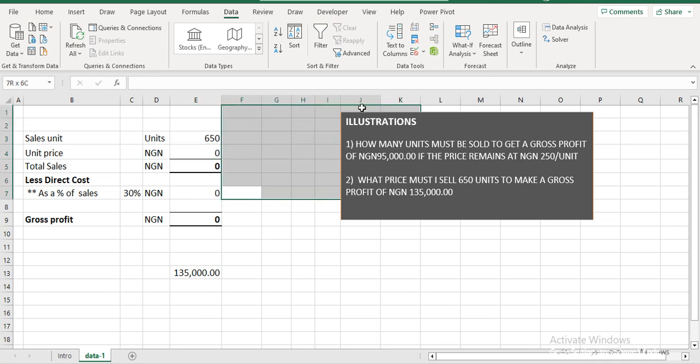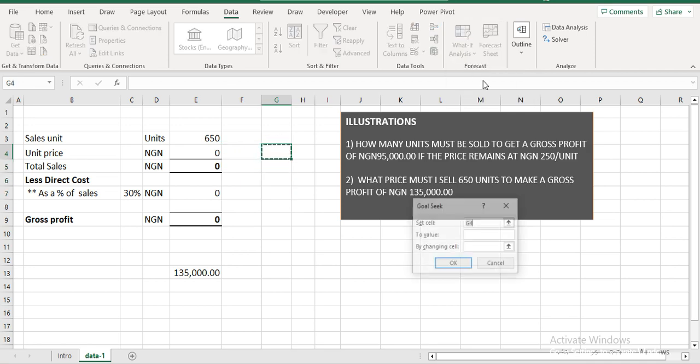So I go back to my What If analysis. I take goseek, and then I ask myself, which is my predetermined cell? My predetermined cell is my gross profit. What is my predetermined value? 135,000. What is supposed to change?